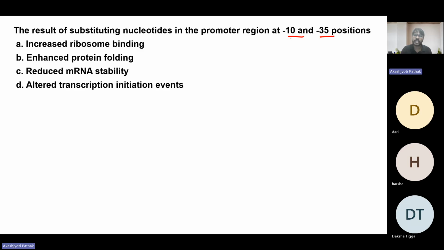If there is any mutation in the -10 and -35 consensus sequences, then transcription initiation will not take place properly; it will be disrupted, or you will get less expression of the mRNA. So altered transcription initiation events is the answer.